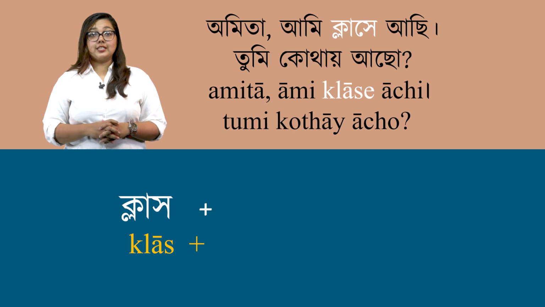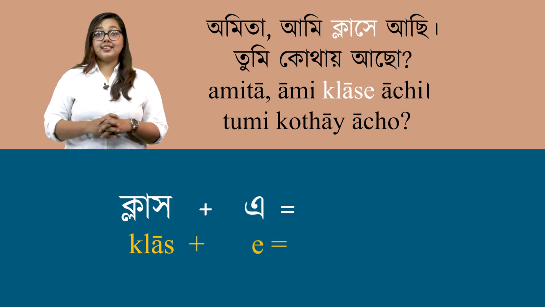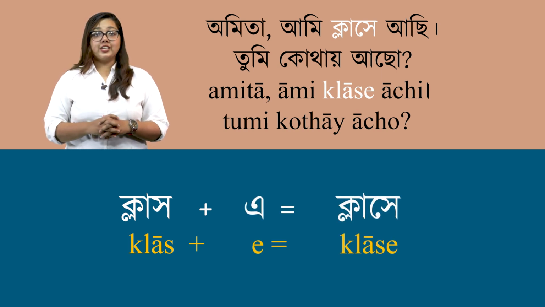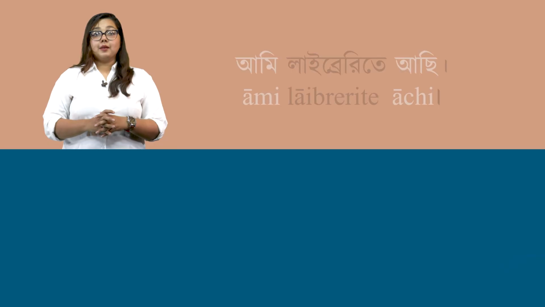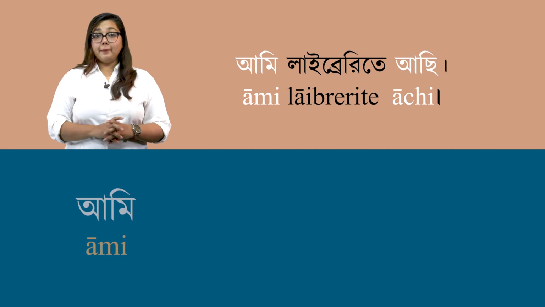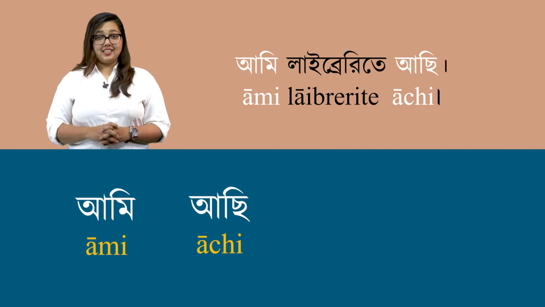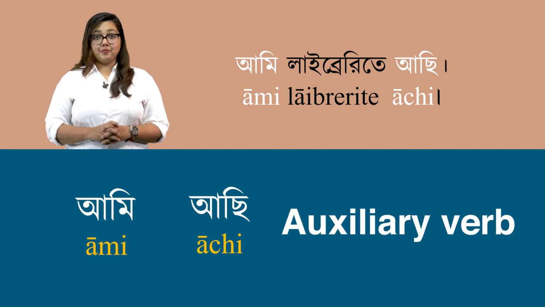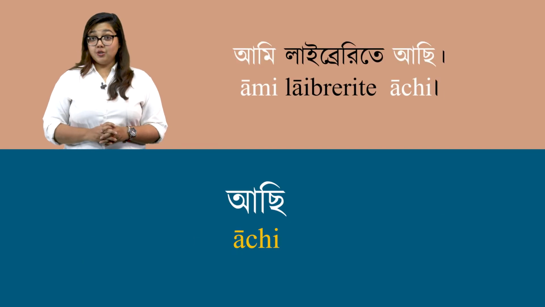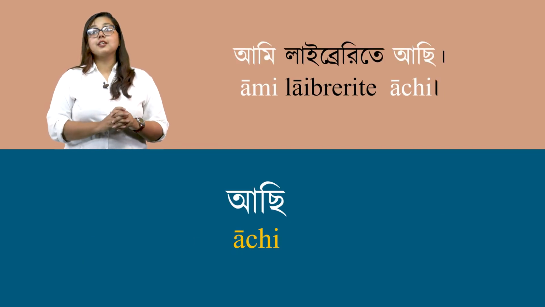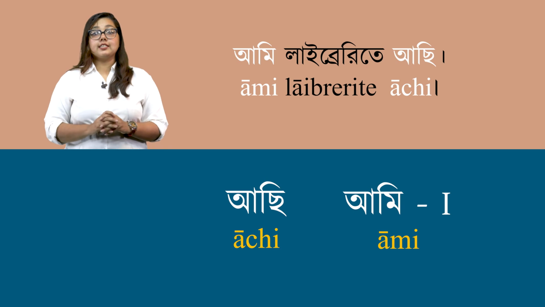Please observe class is a loan word and the e in classe denotes the location marker, which corresponds to in English. But note, ami takes achi as the auxiliary verb. Achi is used for the first person singular ami to indicate the presence or location.